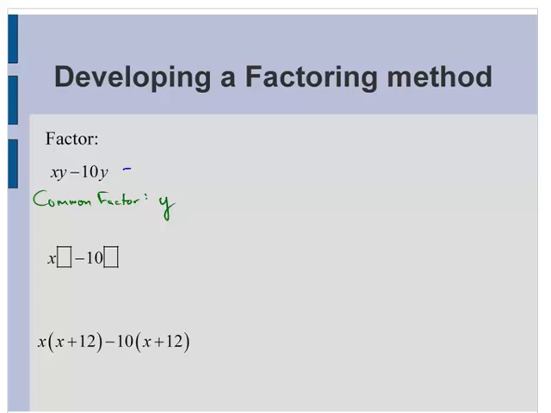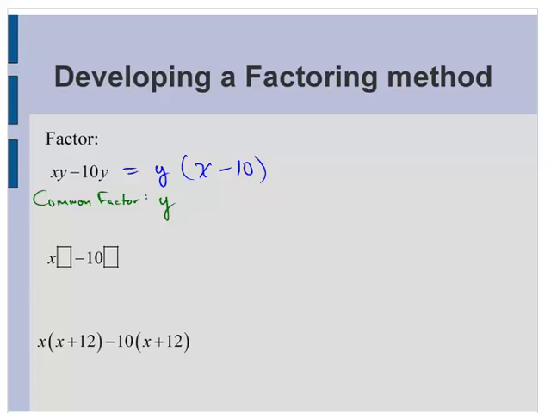And so I can write this as y times something. I can write it as y times x minus 10. And we can clearly check this by distributing it back out. We would see that we would get the original expression.